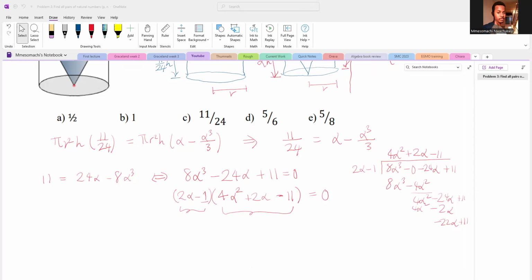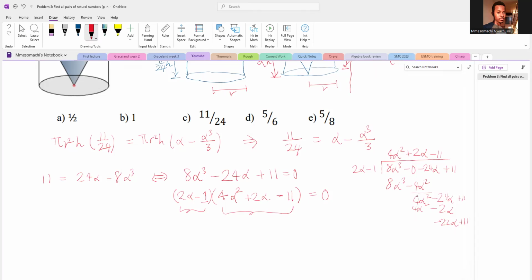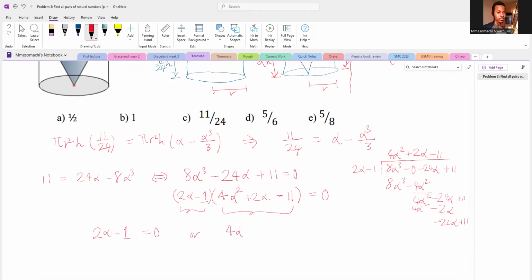Okay, so let's see. We have either 2 alpha minus 1 equals 0, or we have 4 alpha squared plus 2 alpha minus 11 equals 0.